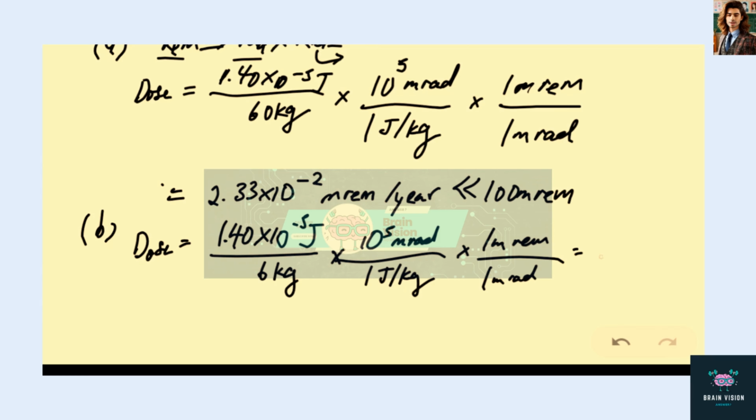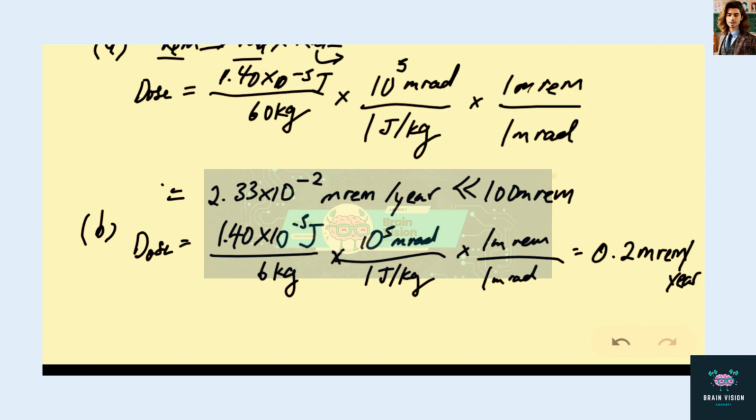It is about 0.2 milliREM per year, which is much closer to the allowed dose as compared to an adult.